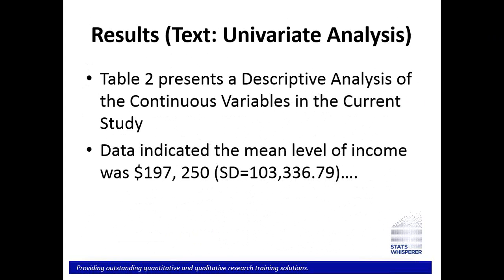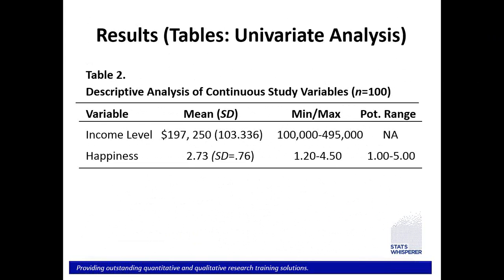It's just one little statement, and that actually could be a continuous sentence. And then we have, of course, the matching table. It's showing us Table 2, descriptive analysis of continuous study variables. It's presenting income level and happiness as continuous variables, the mean of each, the min-max of each, and the potential range of scores for the happiness scale to make the mean meaningful.